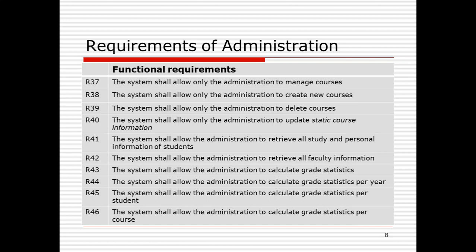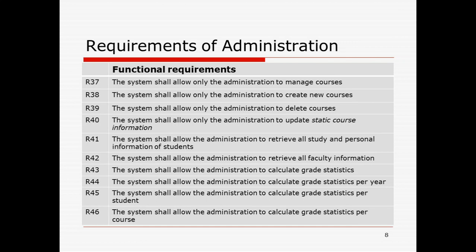The system shall allow administration to retrieve all study and personal information of students. So only the administration person should be allowed to retrieve the study information as well as the personal information of the students. Similarly, administration should also be allowed to retrieve all the faculty information.